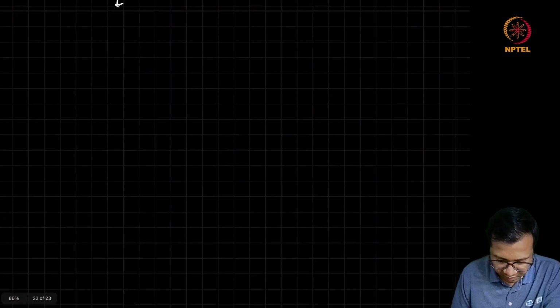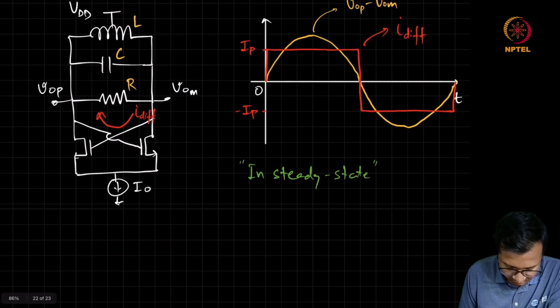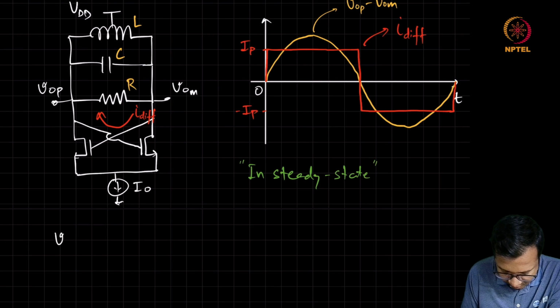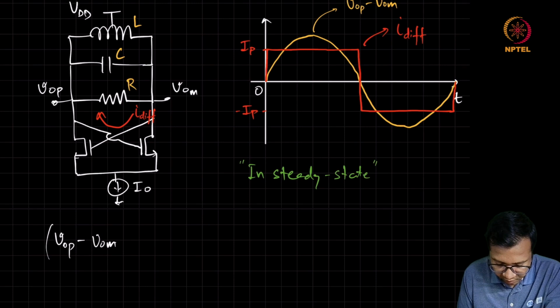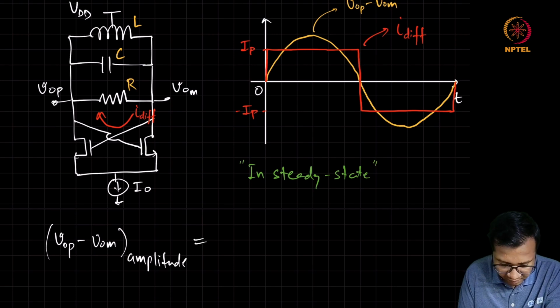So this output voltage VOP minus VOM is going to have an amplitude corresponding to the fundamental component of the current appearing across this tank.